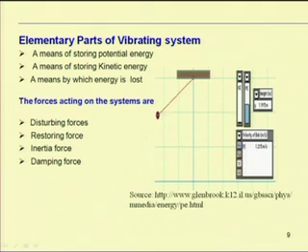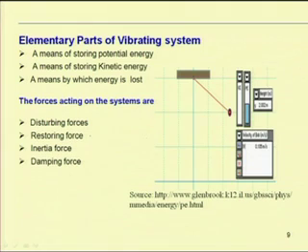So, you require a disturbing force, restoring force, inertia force, and to damp out the vibration you also require a damping force. The stiffness is responsible for the restoring force, inertia force corresponds to the mass of the system, and damping force arises from the damper of a system. So, you require a means of storing potential energy, a means of storing kinetic energy, and also a means by which the energy is lost.